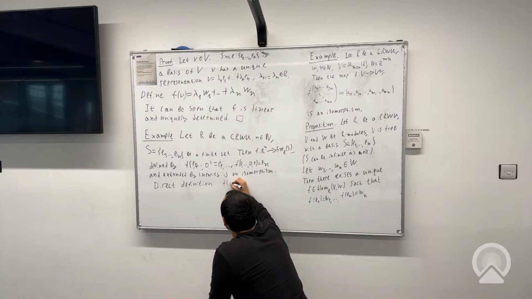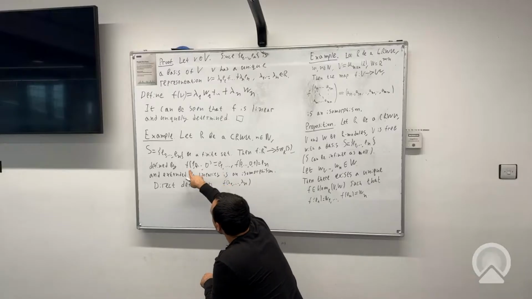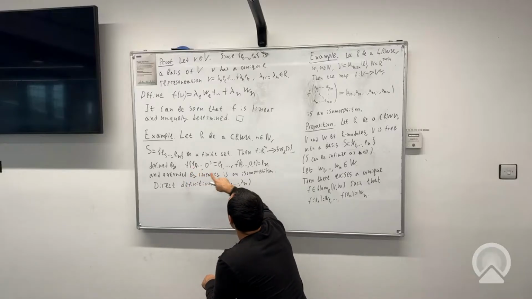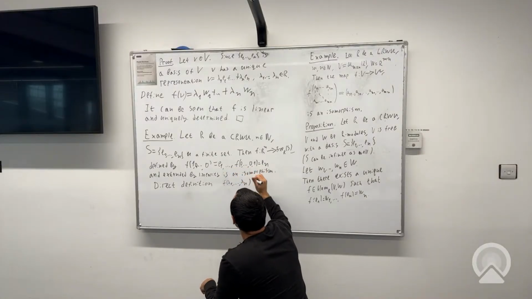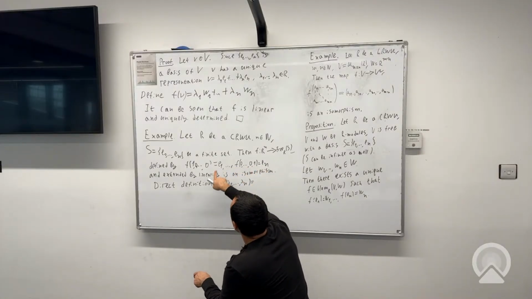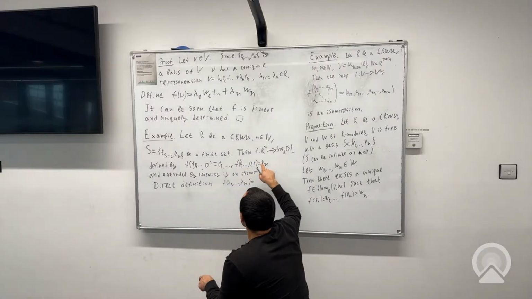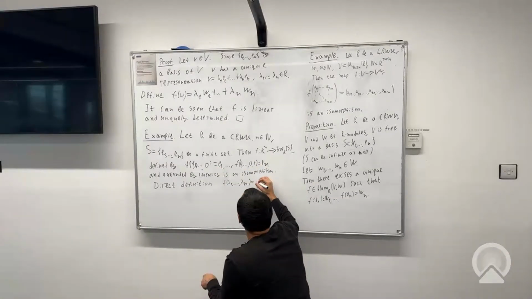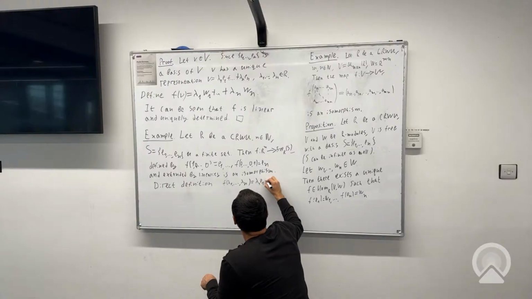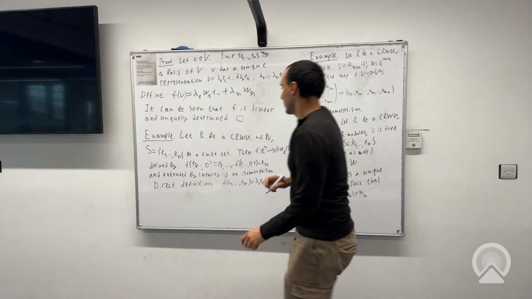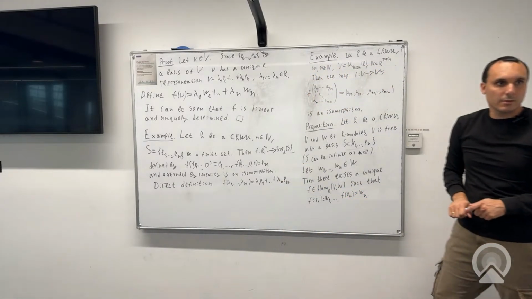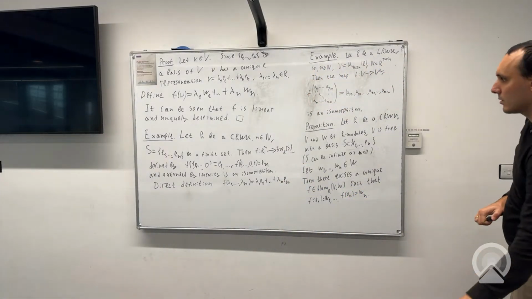So f of, let's say, lambda 1 through lambda n, this would be lambda 1 times this thing plus dots plus lambda n times this thing here. And we'll map this to lambda 1 E1 plus dots plus lambda n En. So this is the direct definition of F. Okay.